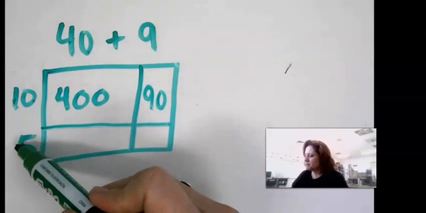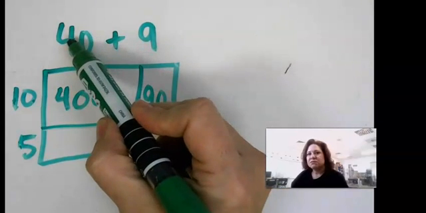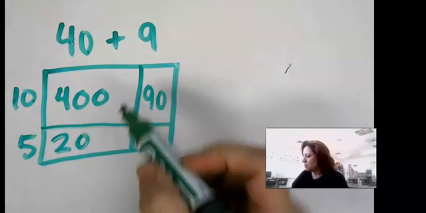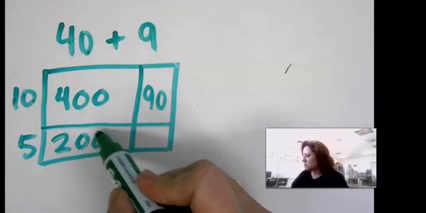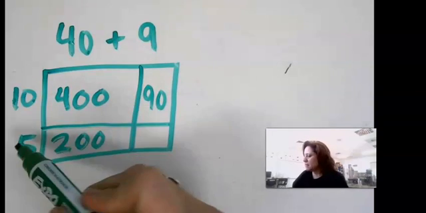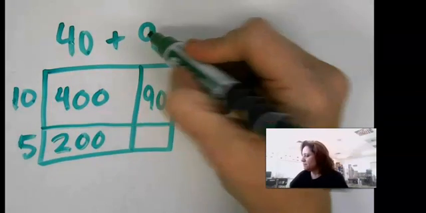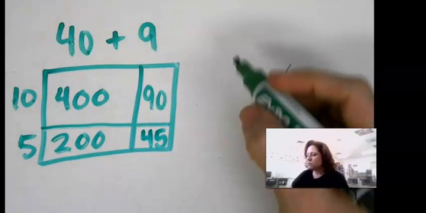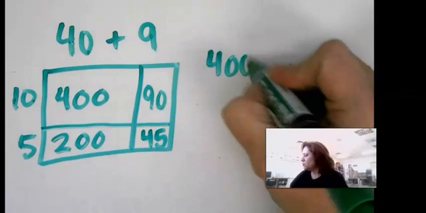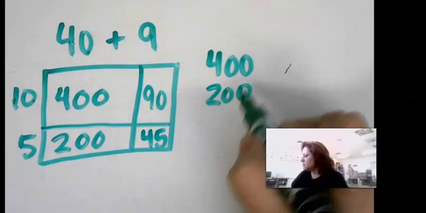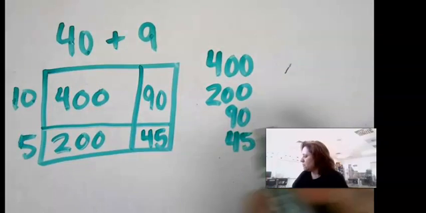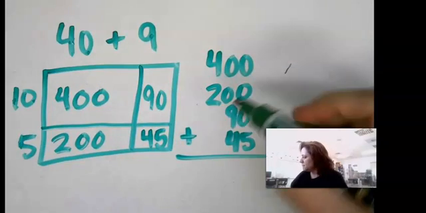Our next step is 5 times 40, or 5 times 4, which is 20, plus 1 trailing 0. And then lastly, we multiply 5 times 9, which is 45. Then we just add all these numbers up together, 400 plus 200 plus 90. Be careful that you're lining these up by place value. Nice and straight.